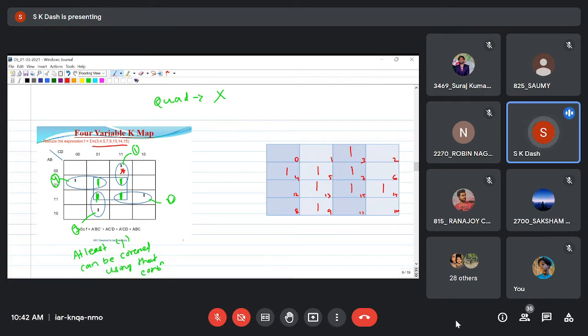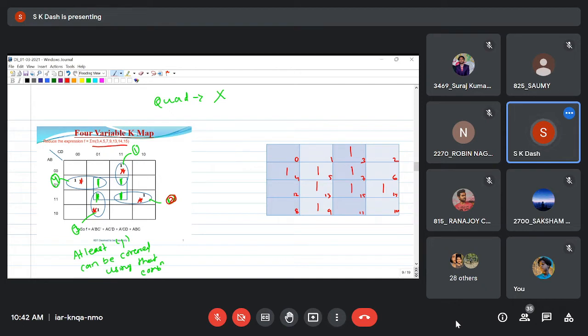Pair number 2, is it essential? Yes, sir. Why? Because of this one, which can be covered using pair number 2. Similarly, pair number 3 is essential because of this one, and pair number 4 is essential for this one. So all 4 pairs are essential.